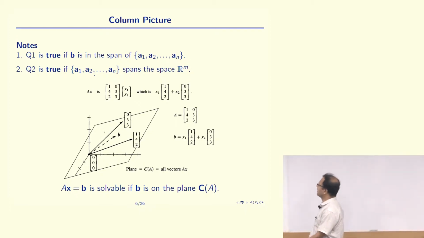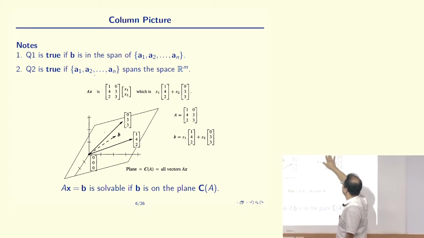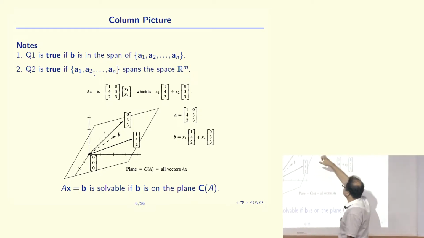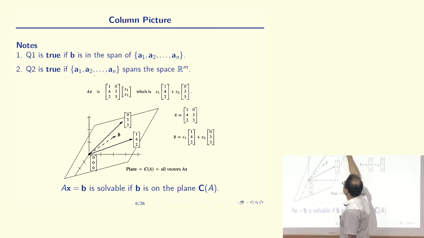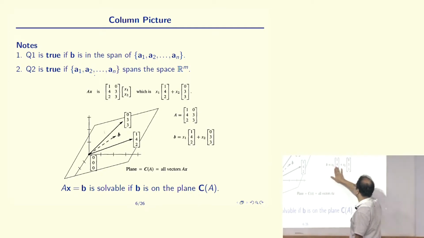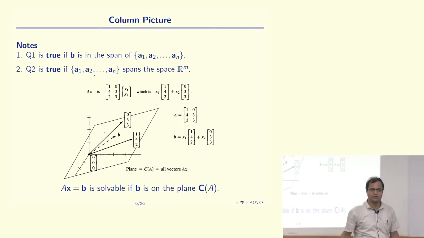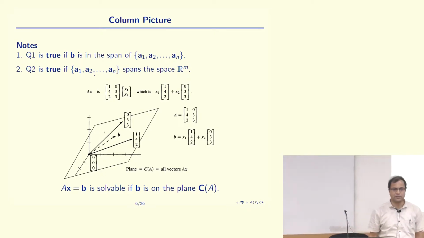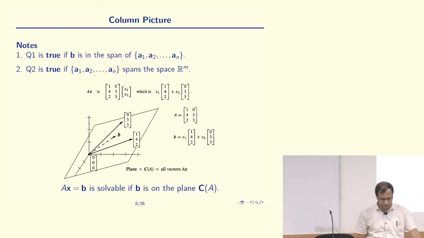But intuitively, if the b vector, which should be on the right-hand side of the system and is not given here, is lying on this plane generated by x1 times the a1 vector plus x2 times the a2 vector, then we will have the solutions x1, x2 for that particular linear combination.